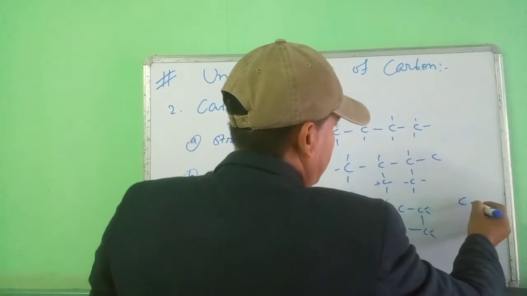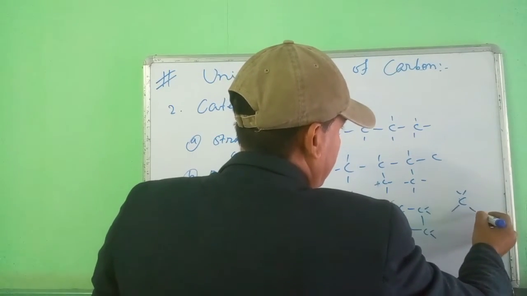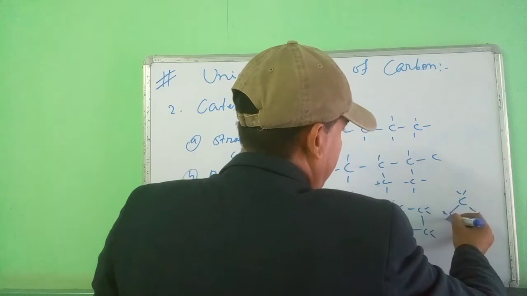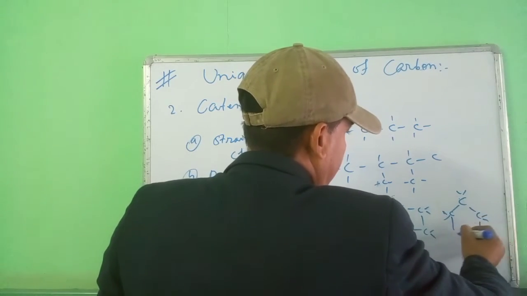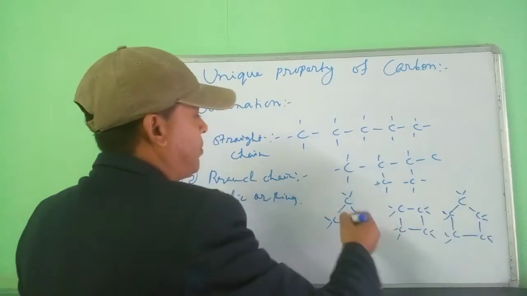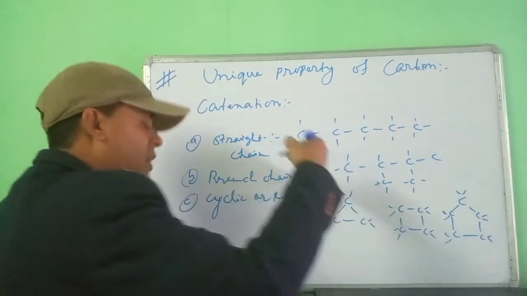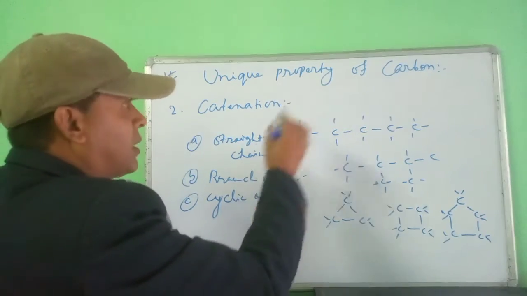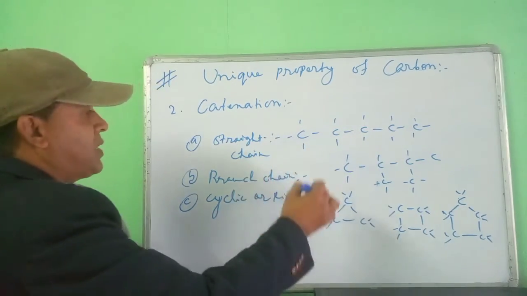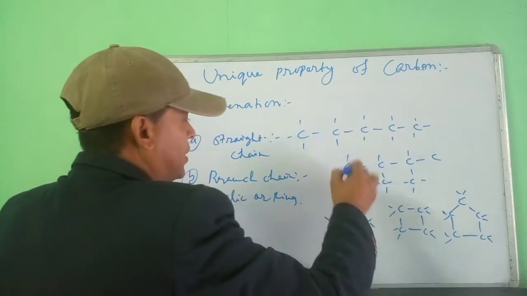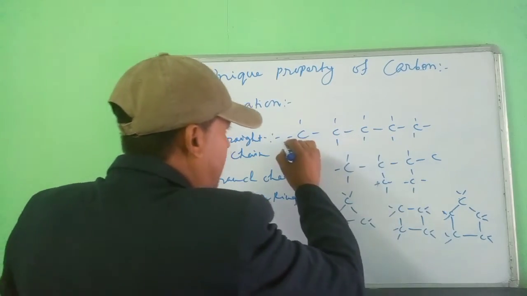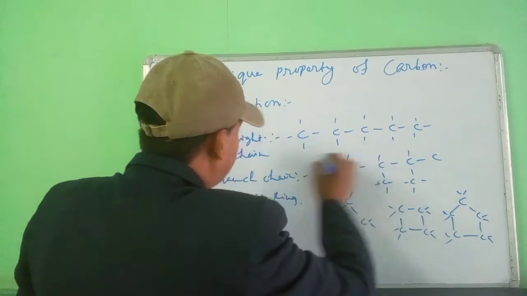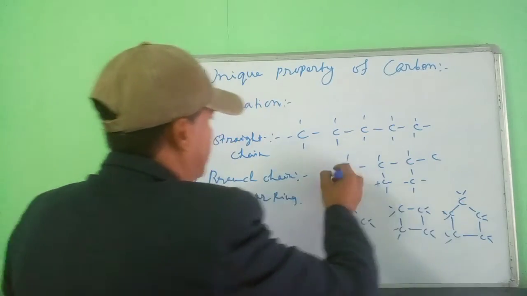Okay, so here the 3 member, 4 member, 5 member, 6 member. So this type of ring can be formed by the carbon. So here the catenation means bonding with one another, making a straight chain, branch chain or ring like a structure.